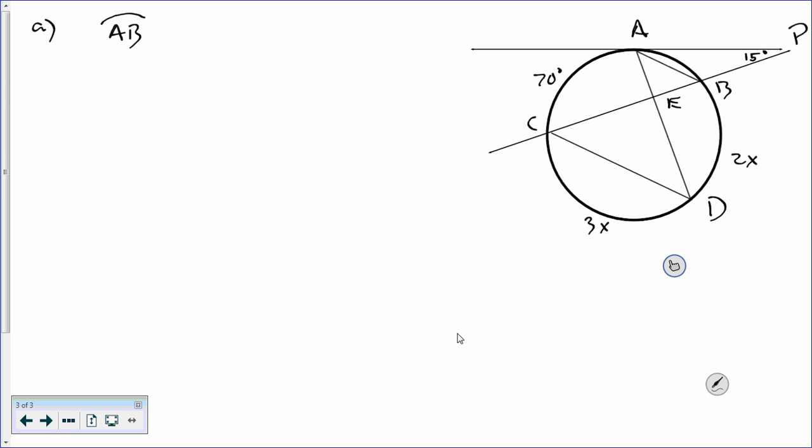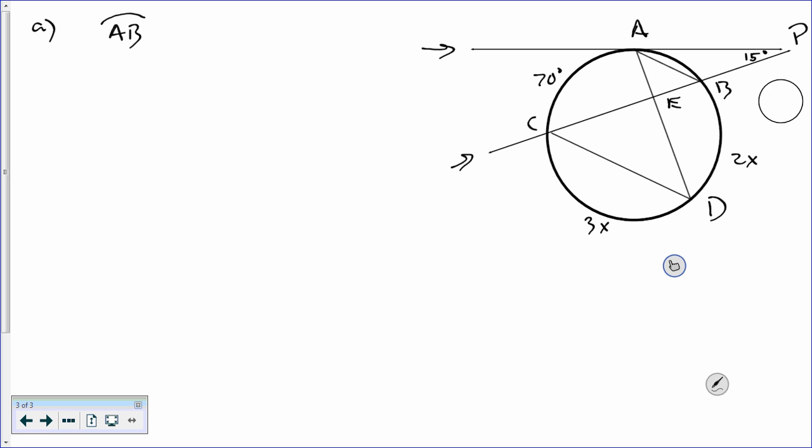So pretty much you have to know that if you have a tangent and a secant, and this is true whether it's two tangents, two secants, or a tangent and a secant, which is what you have here, the measure of the two arcs, the big arc minus the smaller arc, multiplied by 1/2 or divided by 2, whatever you feel comfortable with, will equal this exterior angle out here.